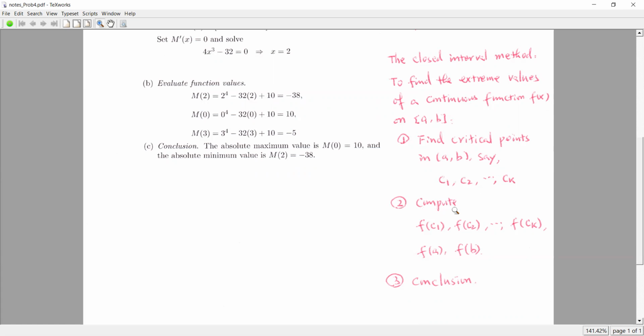Step 2, compute function values at these critical points and also compute function values at the 2 endpoints of this interval. Step 3, make conclusion. The largest function value here is the absolute maximum function value of the function over this interval. And the smallest function value is the absolute minimum function value of the function over this interval.